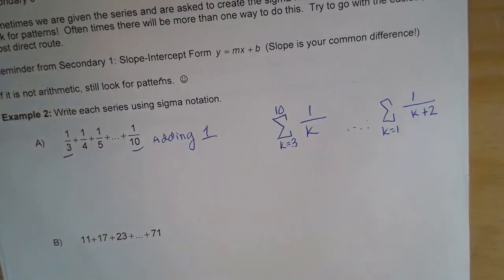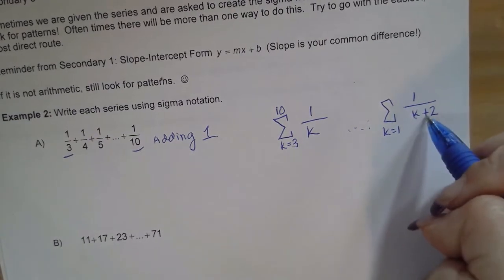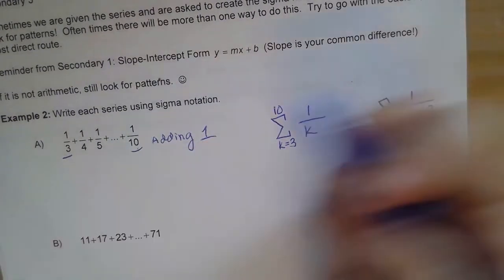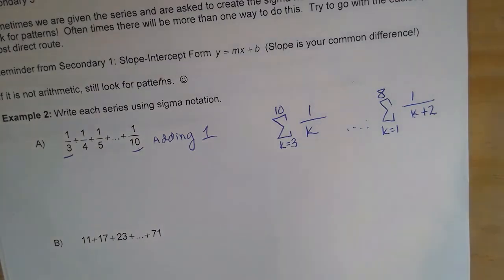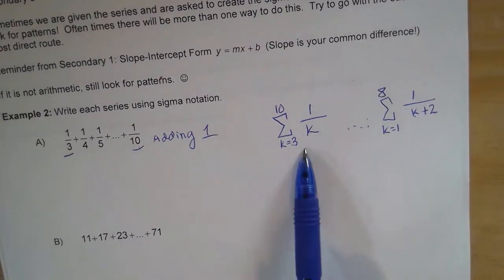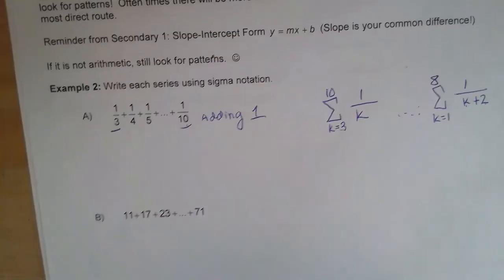But the difference is now we are no longer looking at the 10th term. We are actually going to the 8th term, because 8 plus 2 is 10. So that's going to be up to you on how you want to analyze what's going on. Either answer is correct, but let's do the easiest one. And the easiest one is saying, hey, I start at 3.